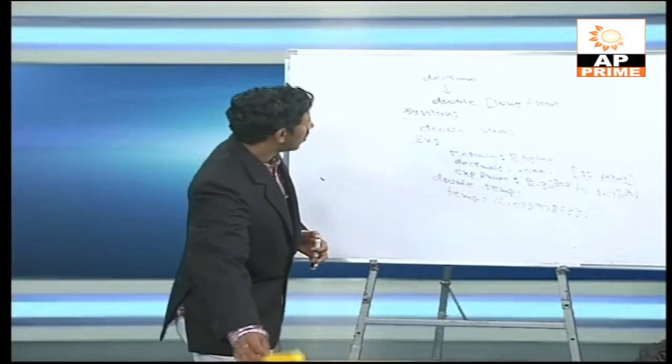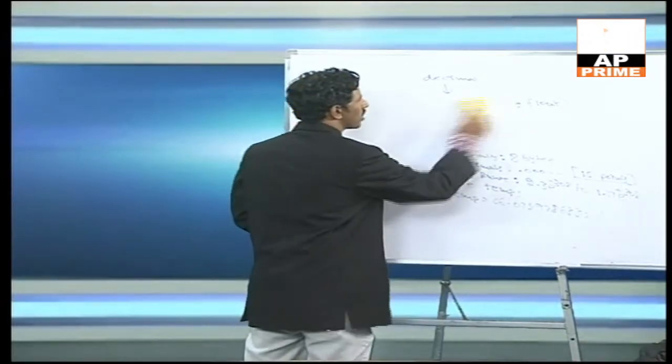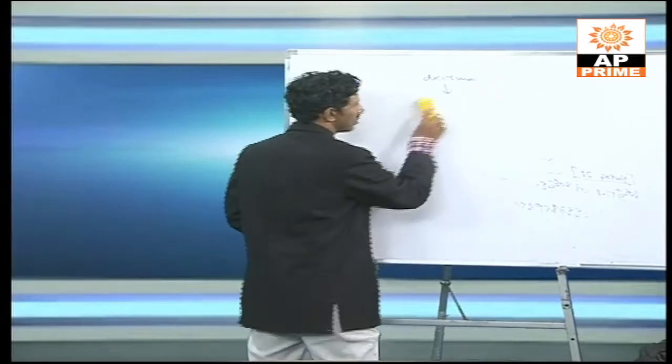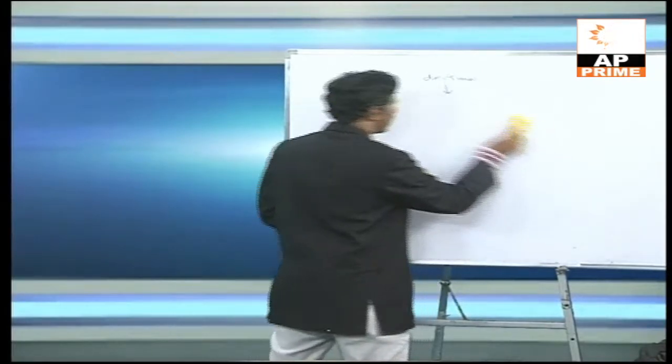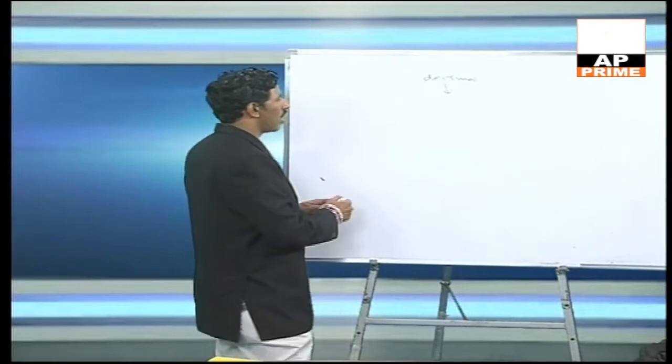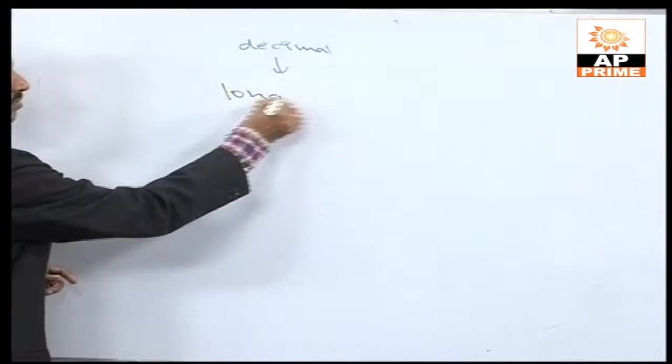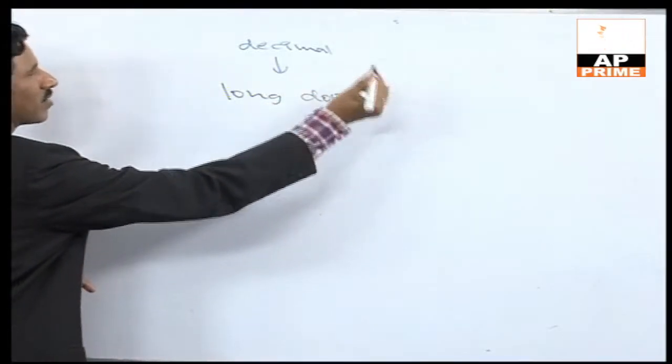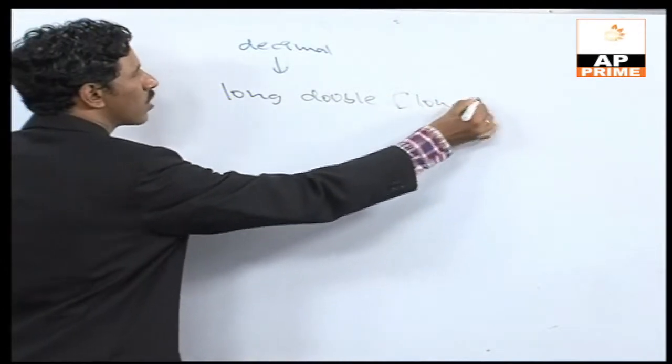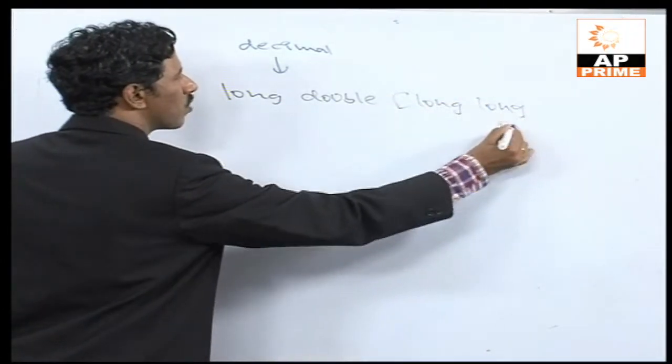Under decimal, there is only one more type, long double. What is meant by long double? Long float.